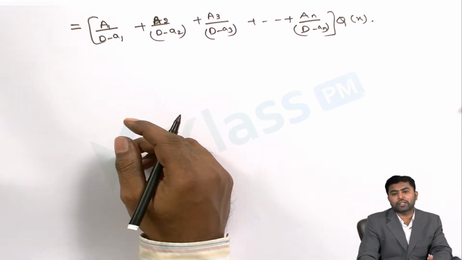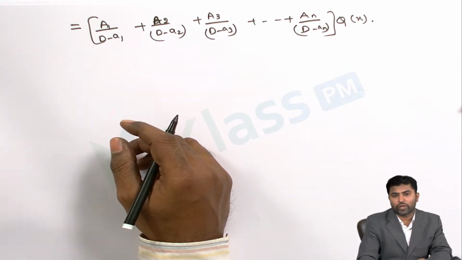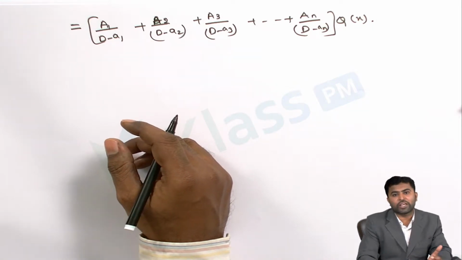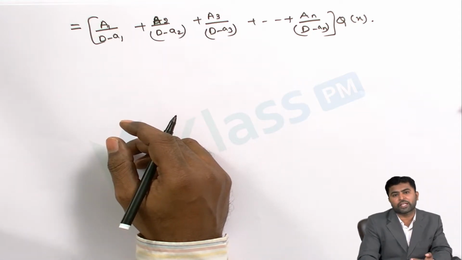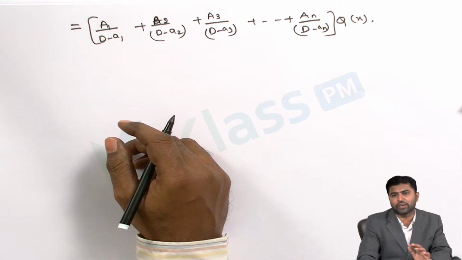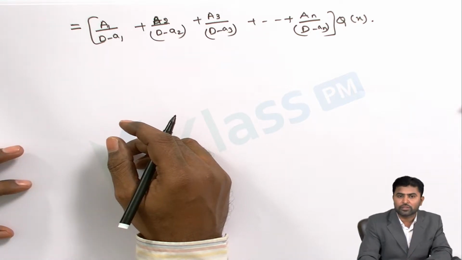Y PI we are writing as 1 by f of D Q of x. Then that f of D can be expressed as the product of n factors. So I'm writing them as D minus a1, D minus a2, D minus a3 and so on. Then by using partial fractions, I'm writing that as a1 by D minus a1 plus a2 by D minus a2 plus and so on, an by D minus an, into Q of x, right?